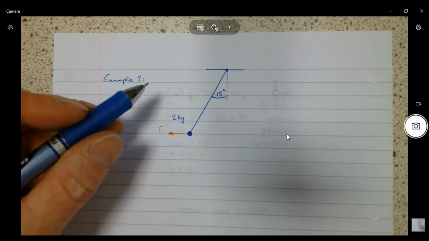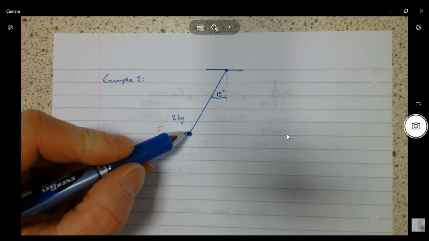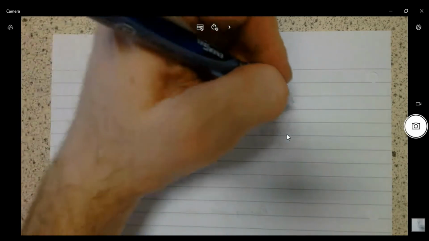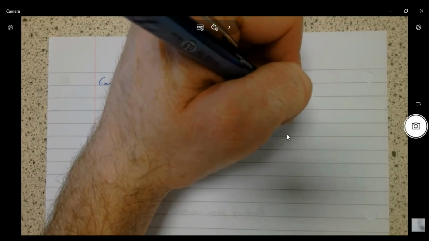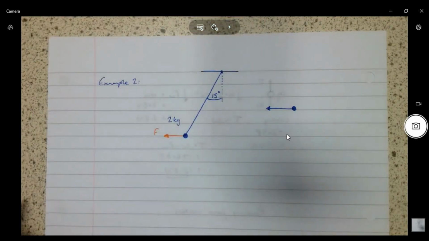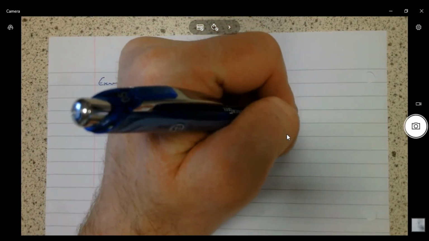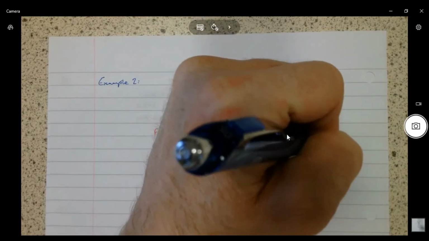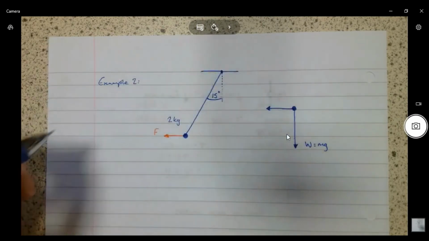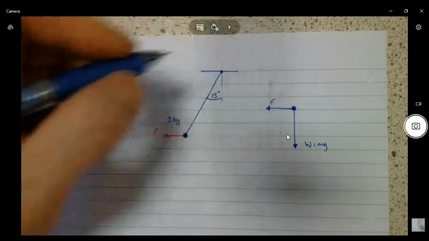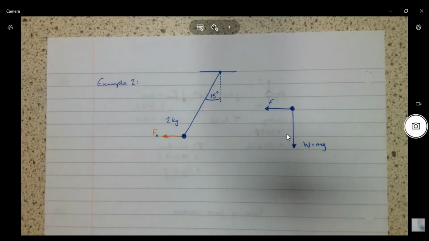Okay, so let's work out what the forces acting on this are going to be. Again, let's go to a free body diagram. Well, we're going to have a force going this way. You're going to have a force coming down this way. So this is going to be weight. This is going to be applied force, FA.